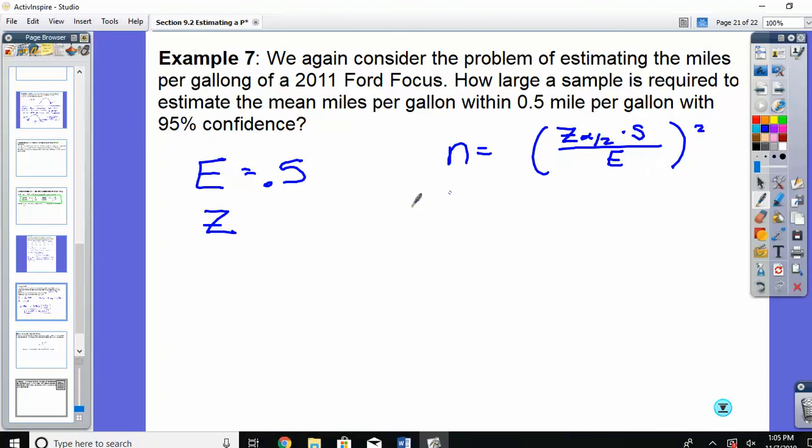I know my e, z alpha over 2, 95%, so that's 0.05 over 2, z 0.025. That means in the table, it's 97.5 for the area, so we're back to our normal table. So the 0.975 is 1.96.